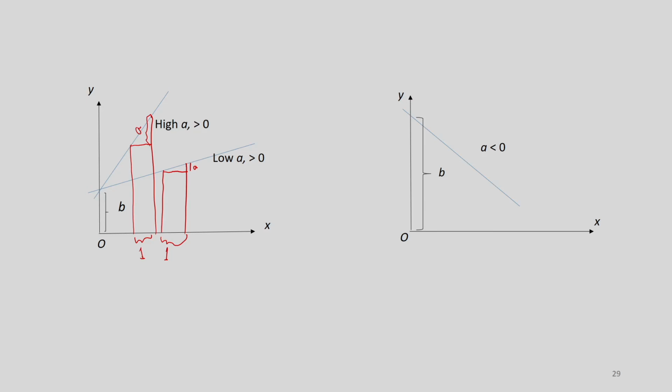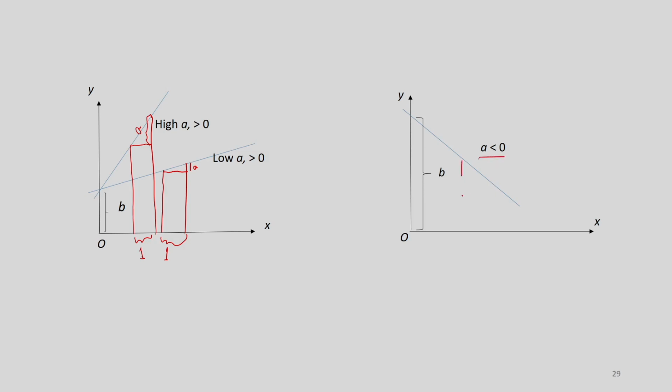So, in either case I have kept other things the same by taking the intercept the same, which is b remaining constant, right. But what is different between these two lines is that the first line has a low a and the second line has a high a, and it is becoming steeper. And this is the second case where a is not positive at all. So, a is negative, right.